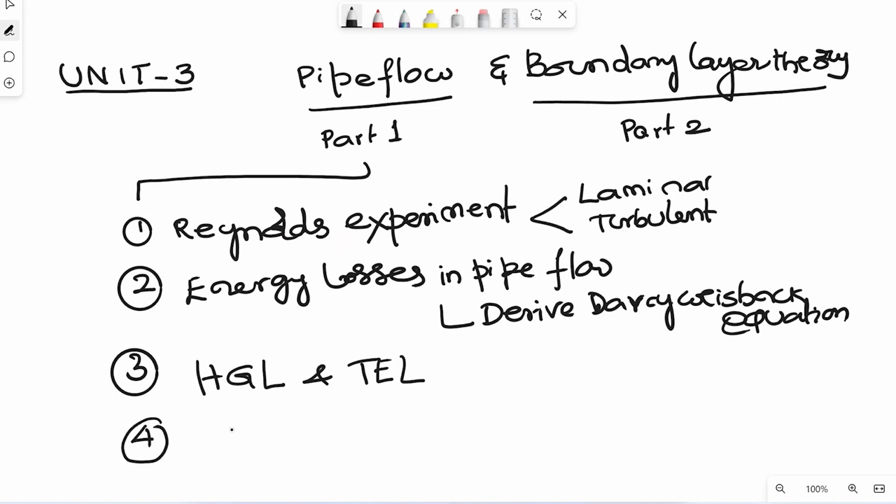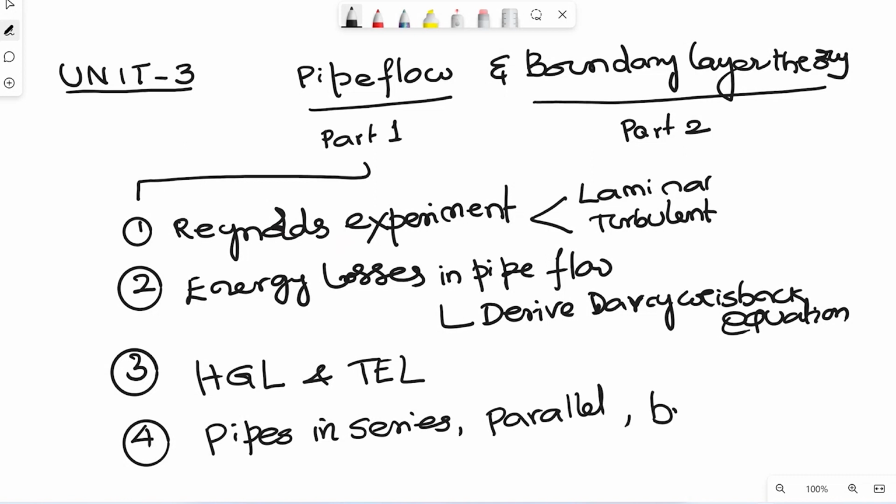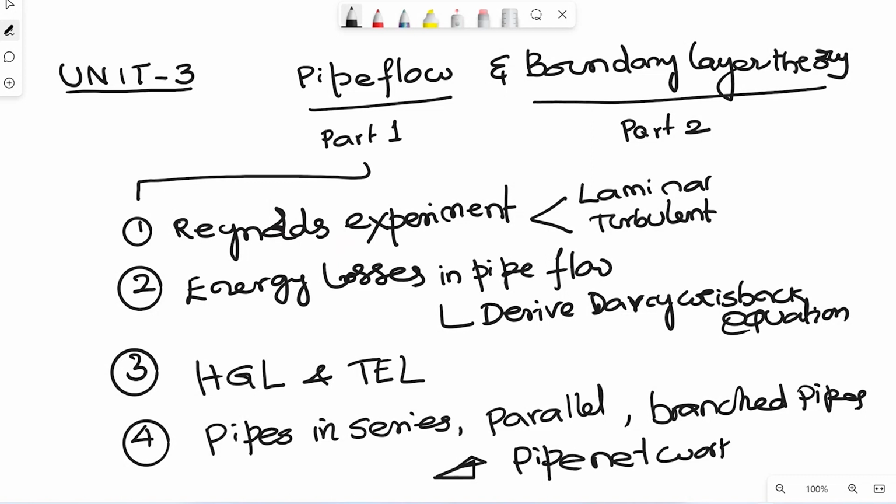And fourth one is pipes in series, parallel, branched pipes, and pipe networks. So these are the various topics that we have.